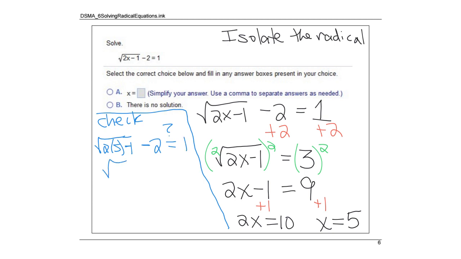So we have the square root of 2 times 5 is 10, minus 1 is 9. So 3 minus 2, and sure enough, I'm good to go. I have 1 equal to 1, and therefore we know that our answer is 5. Oof, I'm having trouble making 5s today. All right.